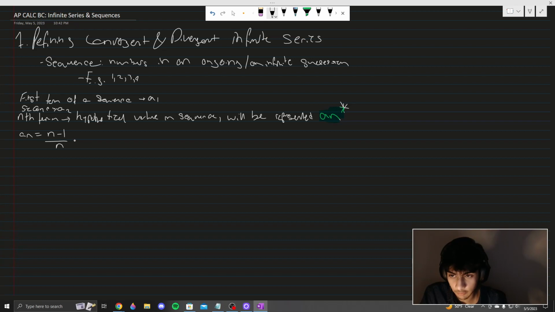And so if we start with n equals 1, then you have 0 as your first term, then we sub in 2, we get 1/2, then you get, I believe, 2/3, and then you get 3/4, on and on. Okay, and so this is found just by plugging in the number for n: 1, 2, 3, and so on.